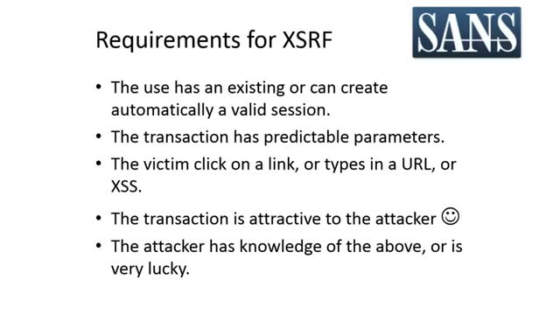So next, of course, besides parameters and session, is that the victim clicks on a link or types in the URL. We had one case where we did an attack. We literally put the URL in a QR code and the user scanned it and boom, the attack occurred. Or cross-site scripting gives us cross-site forgery.